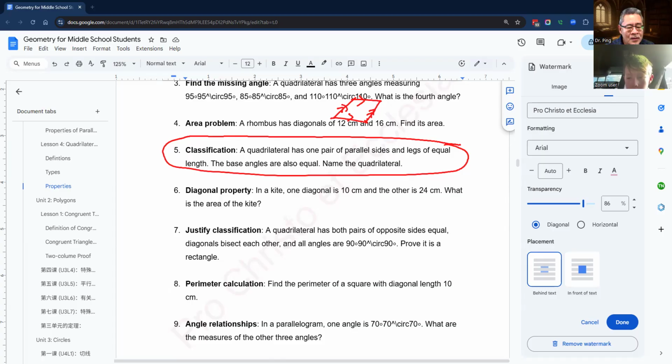Okay, that's called a trapezoid. Good. Kind of like a trap door, but it's a trapezoid.